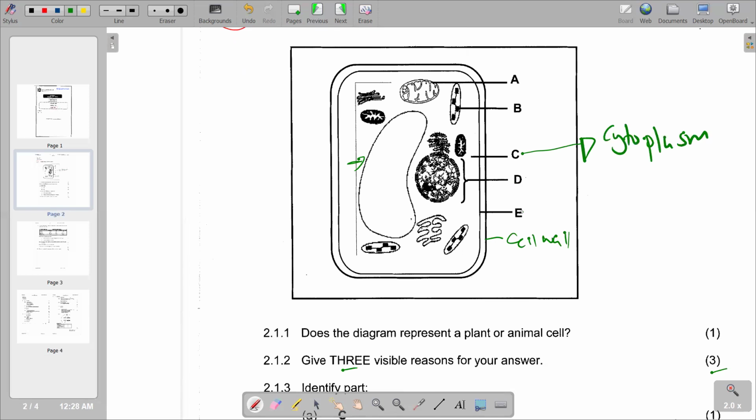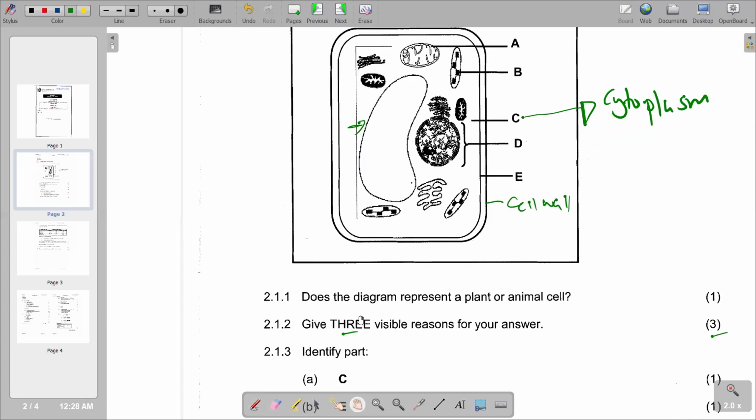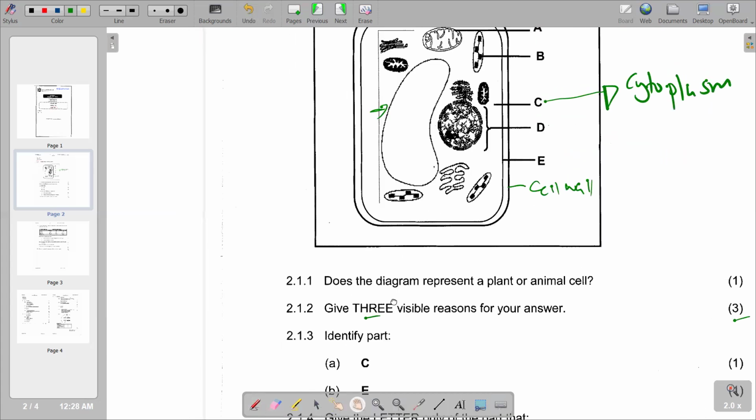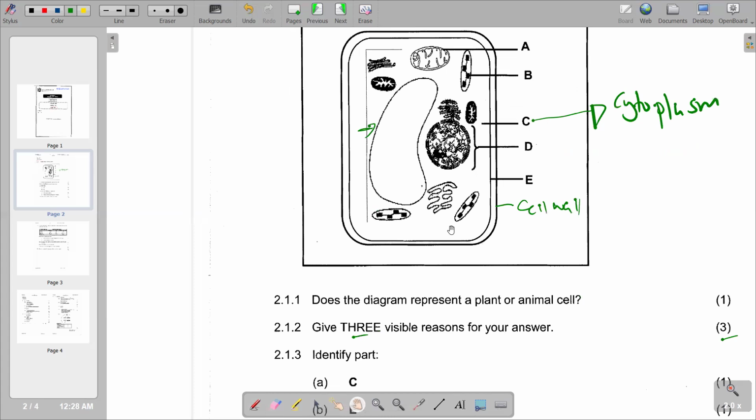And then it also requires us to identify part E. We try to locate our part E, which is the cell membrane. Part E is the cell membrane. So we can just indicate here that it is the cell membrane.